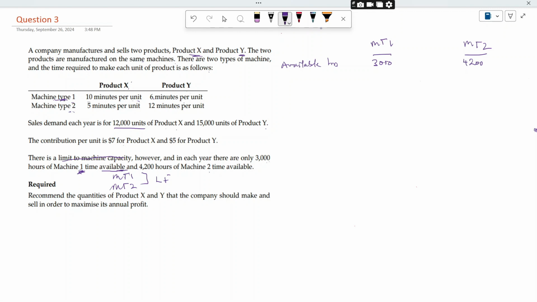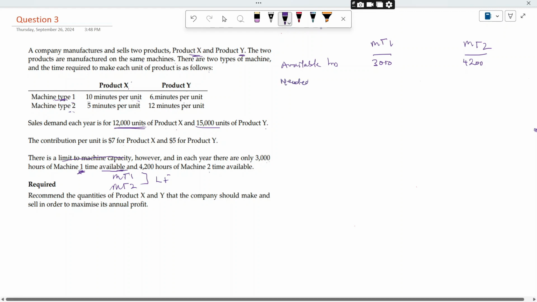Now, if we want to produce 12,000 units of X and 15,000 units of Y, how many hours do we need on machine type 1, and how many hours do we need on machine type 2? So we are going to work the needed hours.